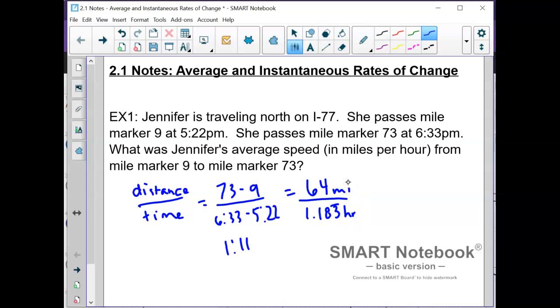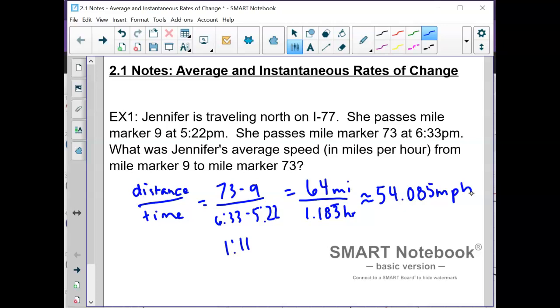So if we divide those two, 64 divided by 1.183 repeating is going to give us approximately 54.085 miles per hour. So Jennifer's average speed is around 54 miles per hour.